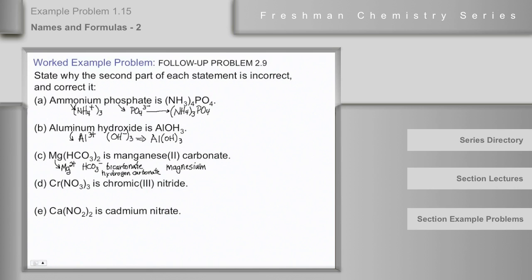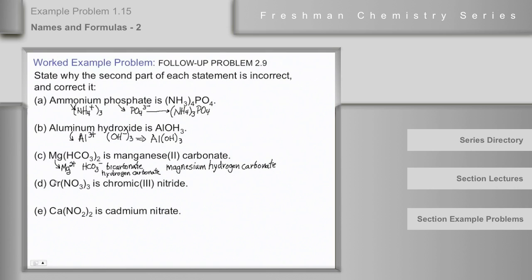It's the 2 plus. So it's magnesium, and then we simply name the anion hydrogen carbonate. Or magnesium bicarbonate would be equally acceptable. So we see that manganese is incorrect, the 2 is not needed, and instead of carbonate we use hydrogen carbonate.